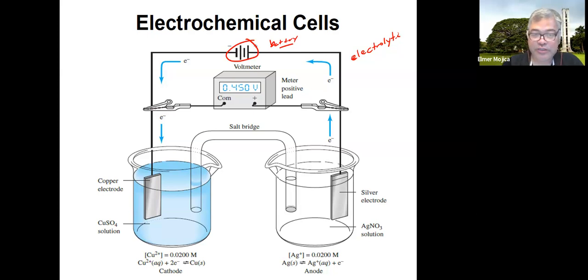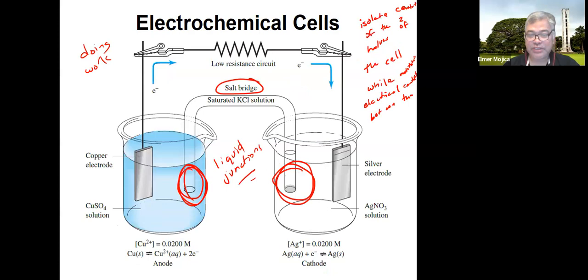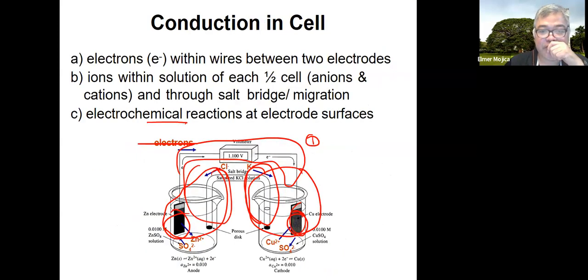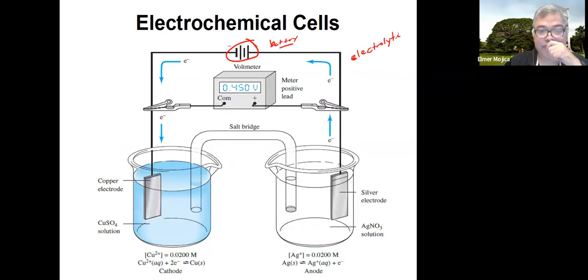What could be the cell reaction that is happening? Maybe we're looking at the conduction in this cell. How is the reaction happening here? The first one is between two electrodes. So it is between what?